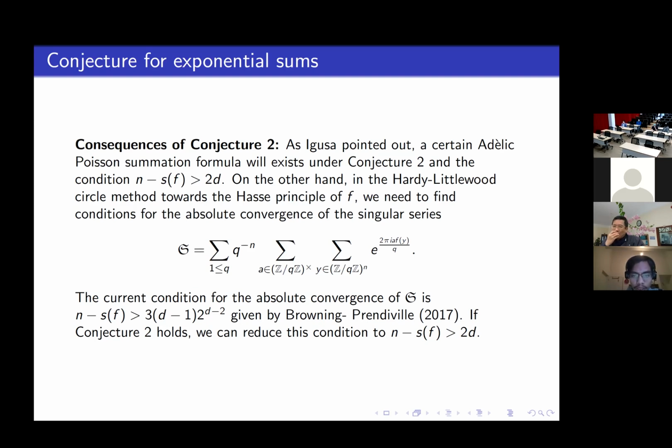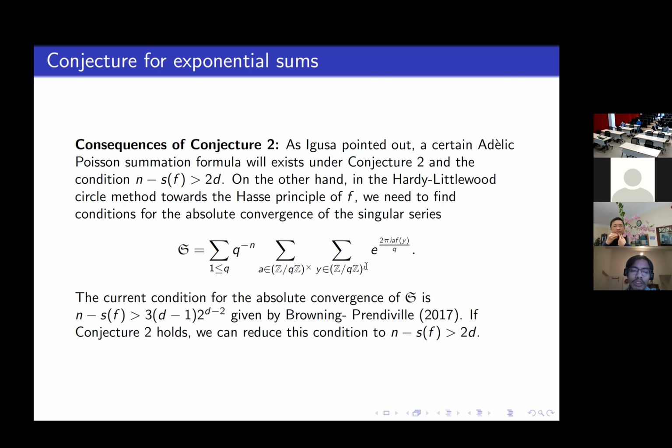I denote it by S here, and this formula is: we take the sum over q of q to the power minus n of this exponential sum associated with F and a over q. And we remark that the current condition for the absolute convergence of S is n minus n_F is at least 3 times (d minus 1) times 2 to the power (d minus 2), given by Browning and Prendiville in 2017.